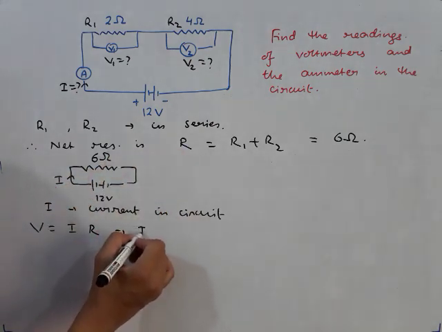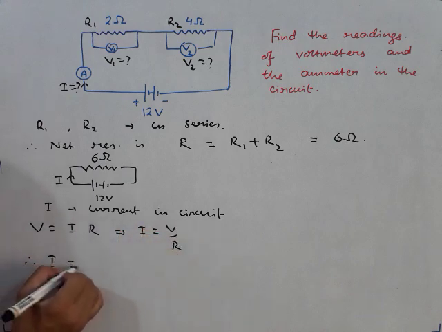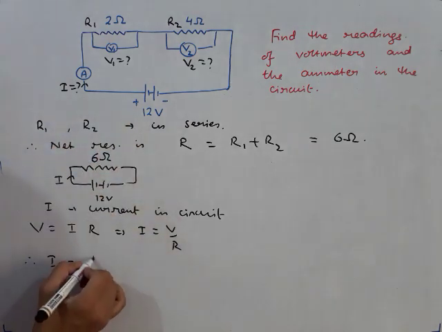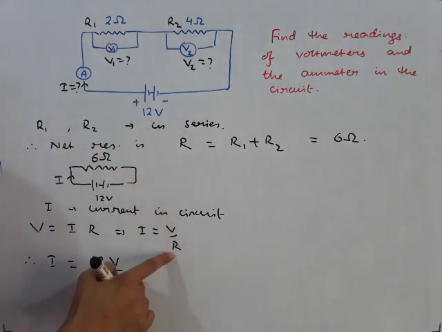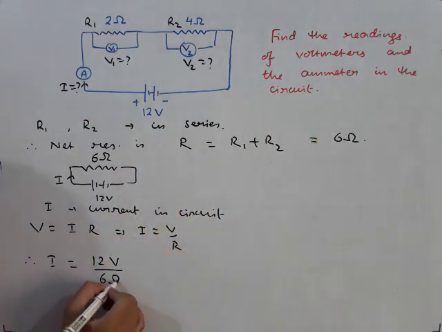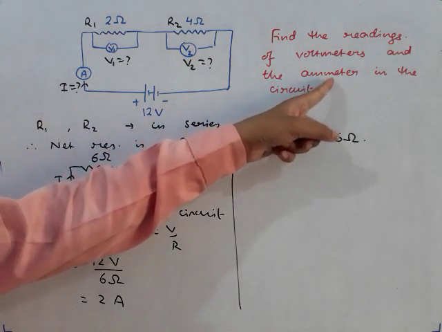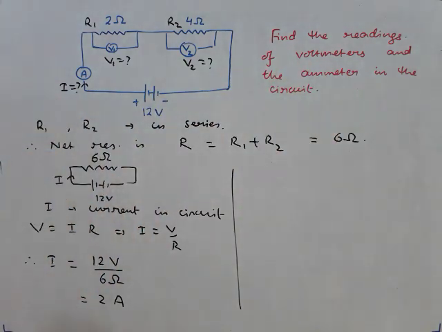So this implies I will be V upon R. Therefore I is equal to 12 volts divided by 6 ohm, the net resistance. 12 by 6 is 2, and the unit for current is amperes. So the ammeter will read a current of 2 amperes. Therefore the ammeter will record a reading of 2 ampere.